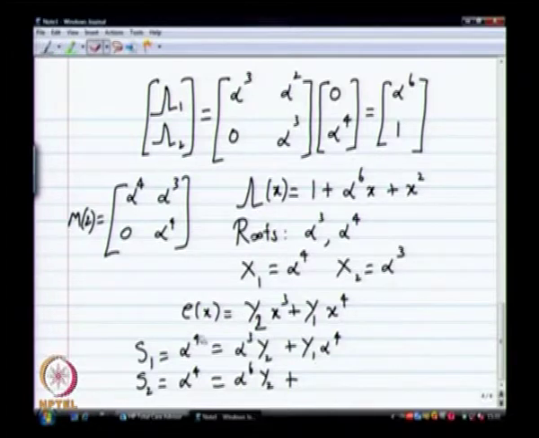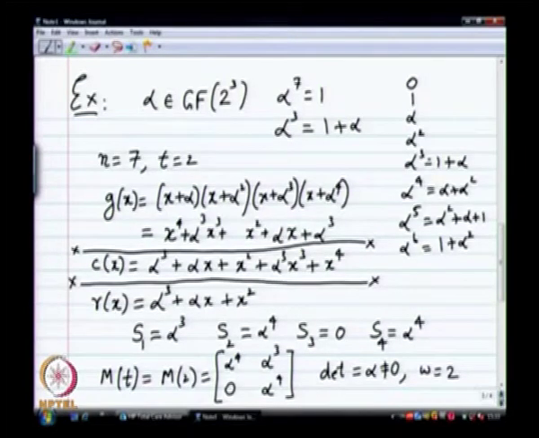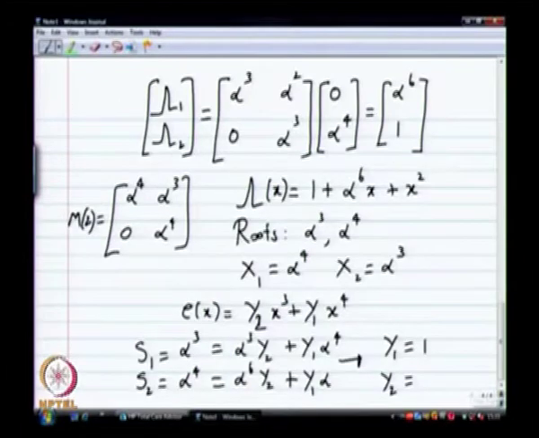Is it okay? So, you solve these two, you are going to get y1 equals 1 and y2 equals alpha power 5, alpha power 3.